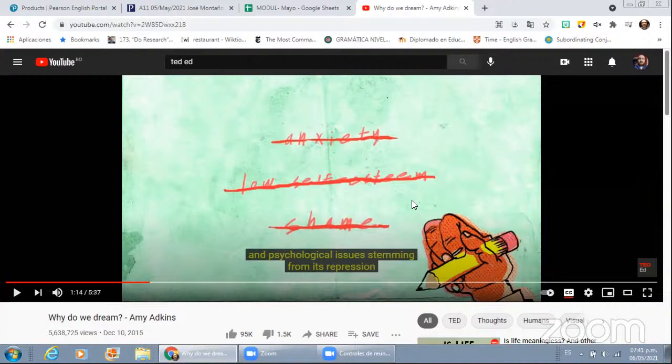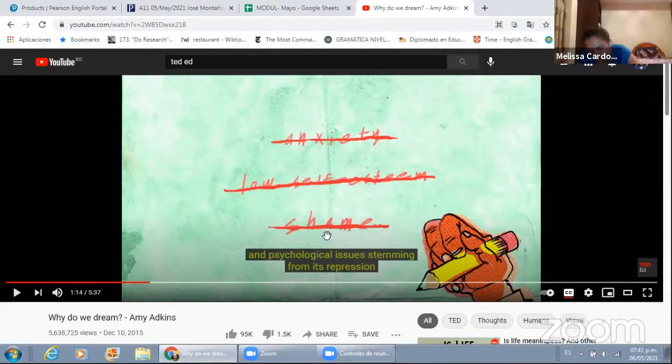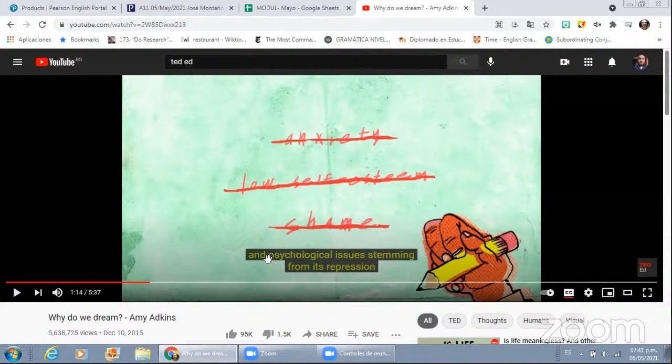But the meaning as a verb is the origin, where something is originated. So psychological issues that are originated from its repression can be resolved. That's STEM, the origin or where something is originated.